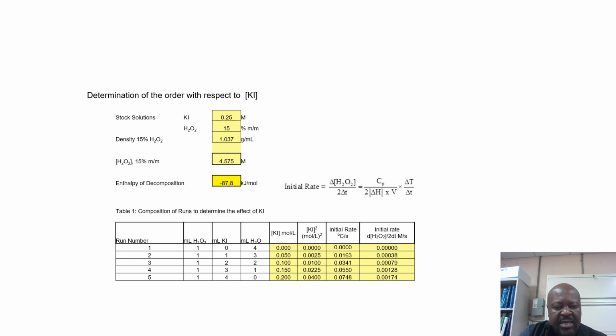And if you add 1 milliliter of KI and the total volume is 5, you've diluted by a factor of 5. If you go up by a factor of 5 volume-wise for the same starting reagent, you've diluted by a factor of 5. So anyway, you can calculate these concentrations here. And just for hypothesis testing's sake, we'll also determine KI squared. That is, we'll investigate whether the reaction is first order or second order.